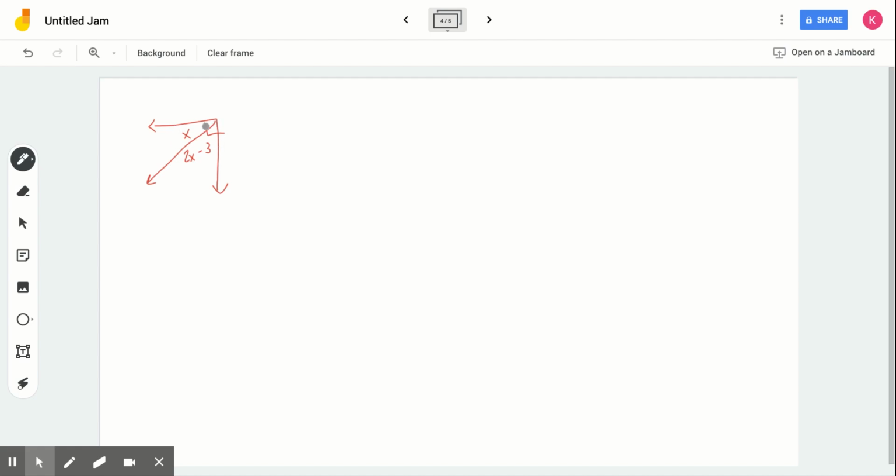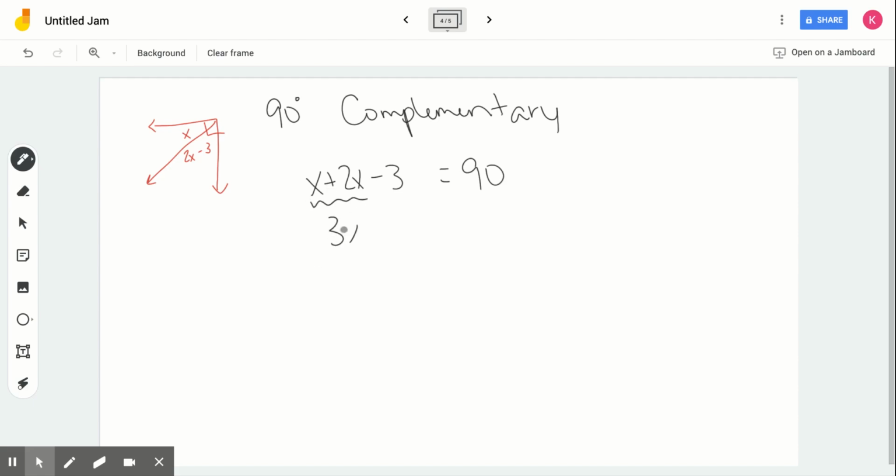We know that these two angles form a right angle, or 90 degrees. We know that two angles whose sum is 90 degrees are complementary. So we can set our equation up equal to 90. So x plus 2x minus 3 is equal to 90 degrees. x plus 2x is 3x.